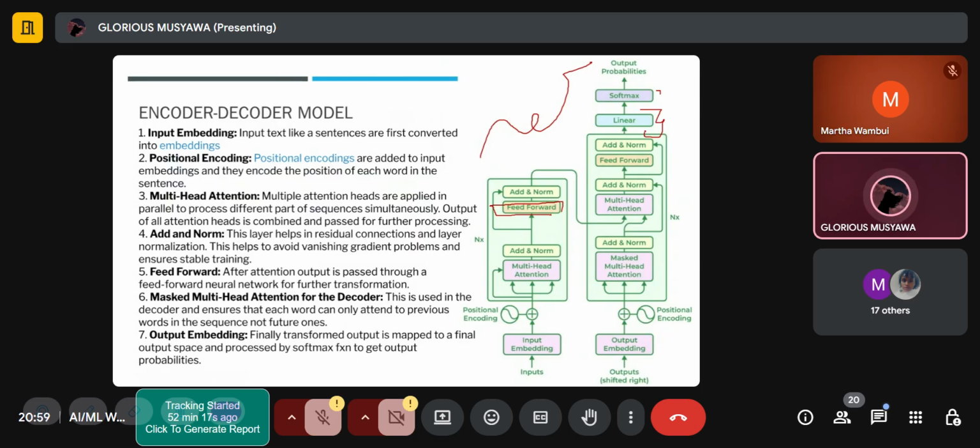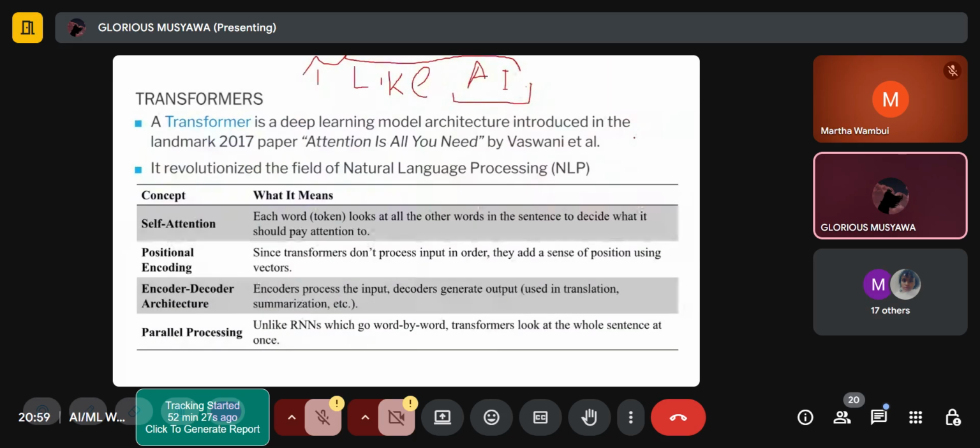We have another aspect called multi-head attention. Multiple attention heads are applied in parallel. So we talked about parallel processing when we're talking about transformers. Parallel processing is like several things being processed at the same time. That's the simplest explanation.